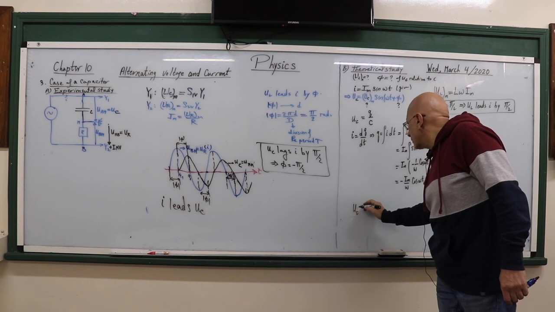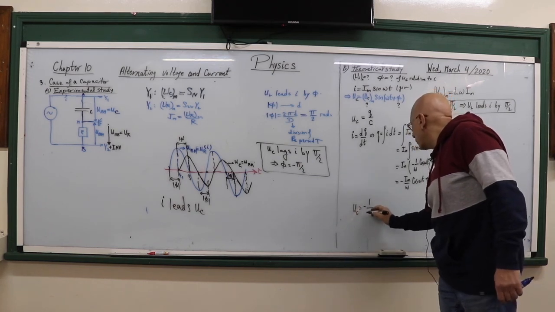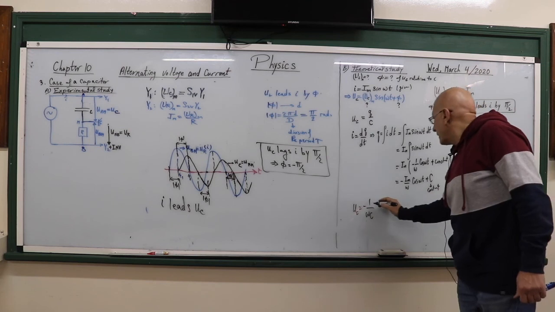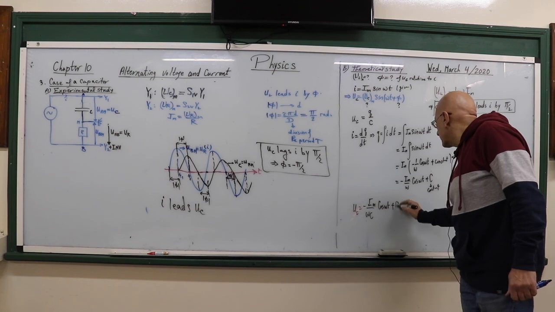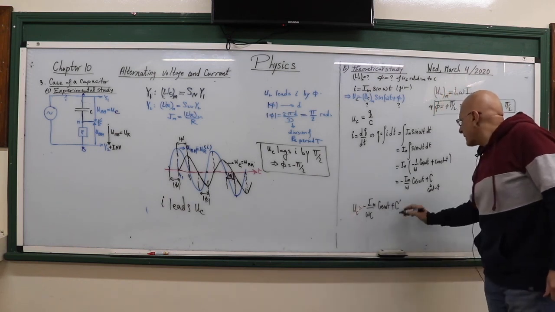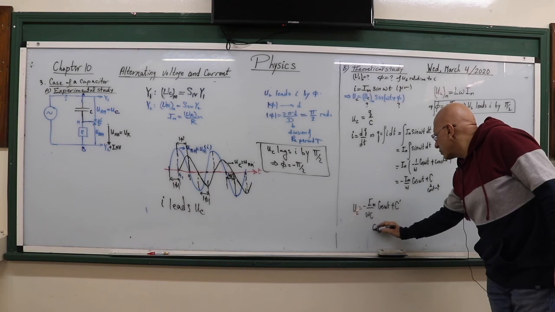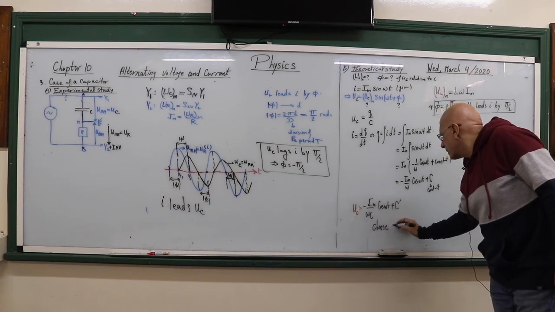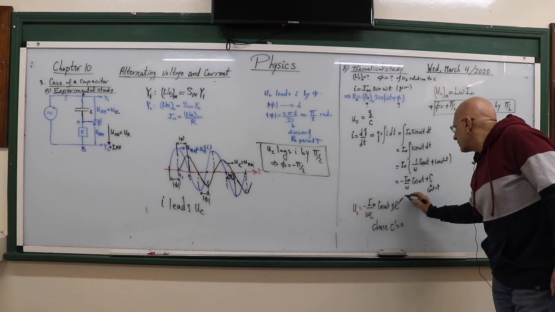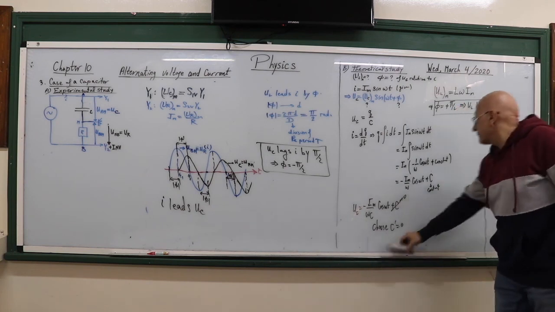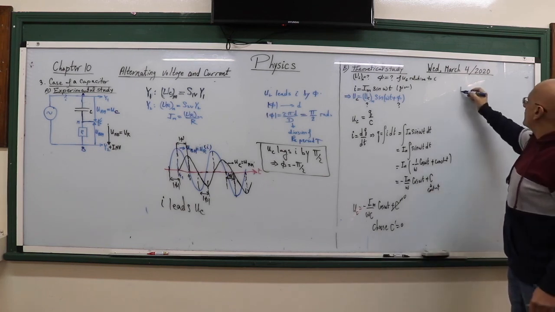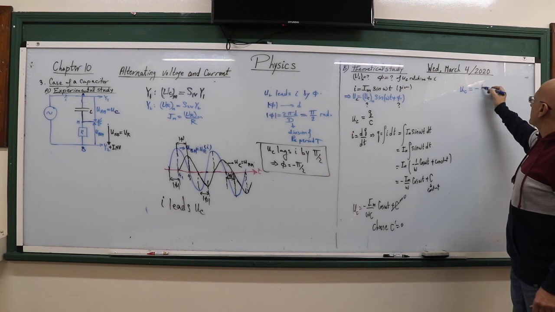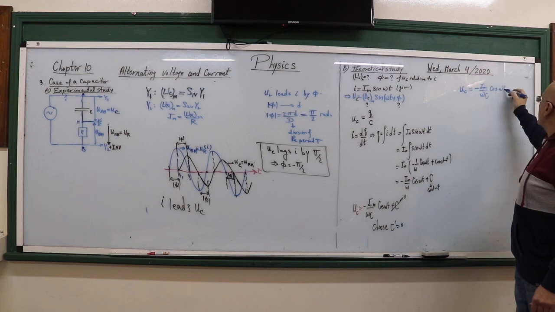Substituting for UC, you get minus 1 over omega C, Im cosine omega t plus a constant prime. Choose the constant prime equal to 0. So UC will be equal to minus Im over omega C cosine omega t.